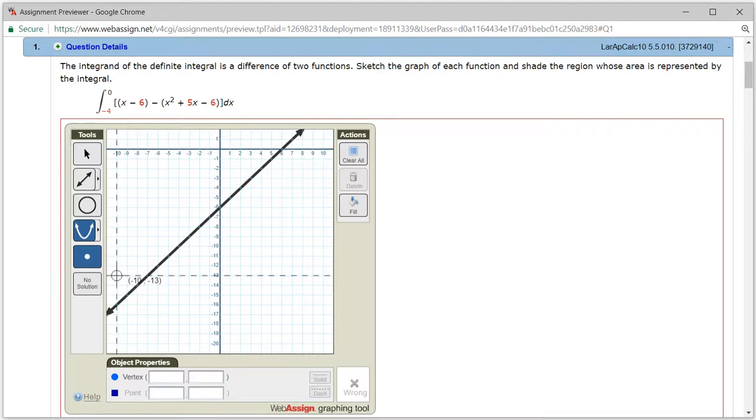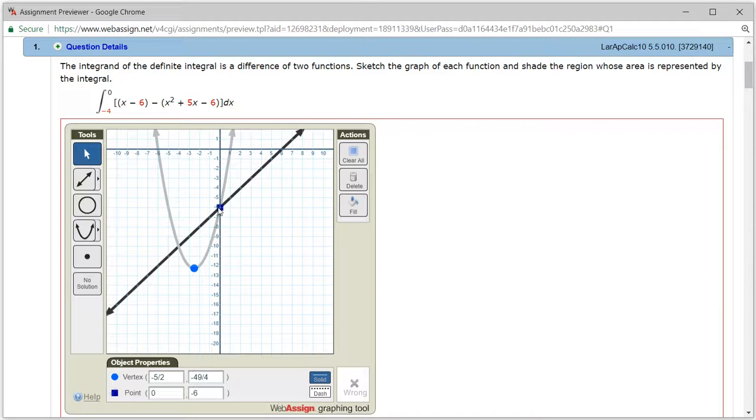The vertex is negative 5 over 2 and negative 49 over 4. Another point that you can use is the y-intercept, which is negative 6, so I'm going to use the y-intercept right here, 0 comma negative 6. Click here.